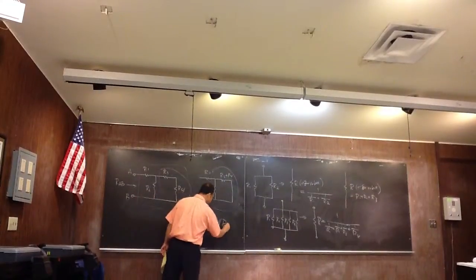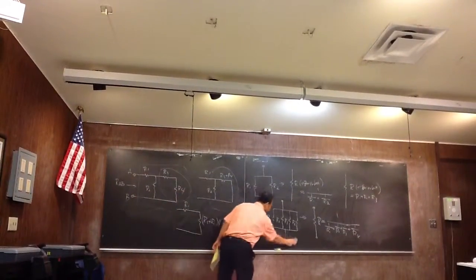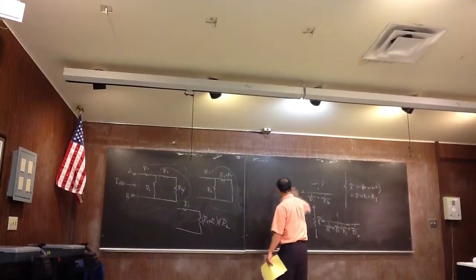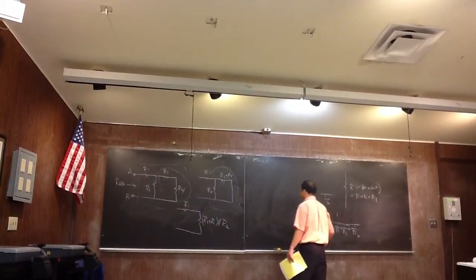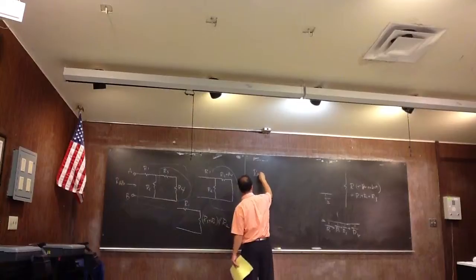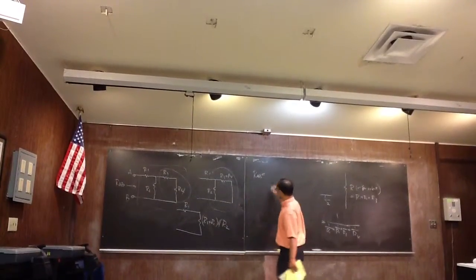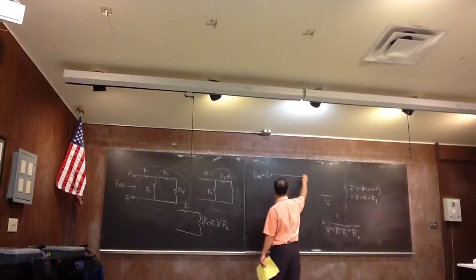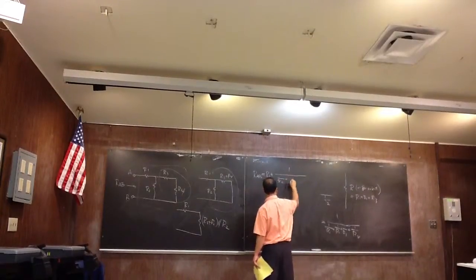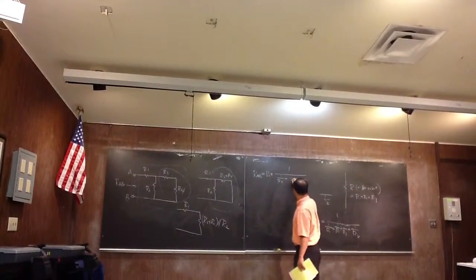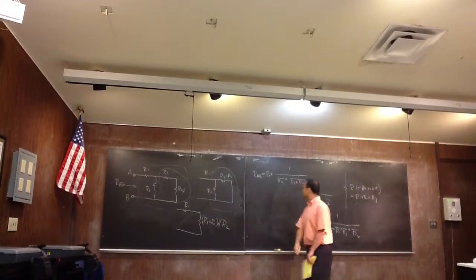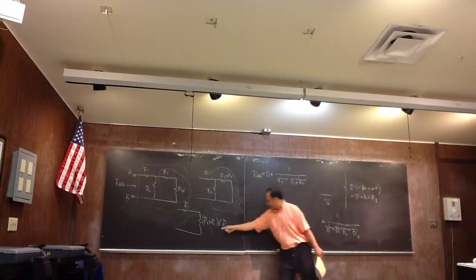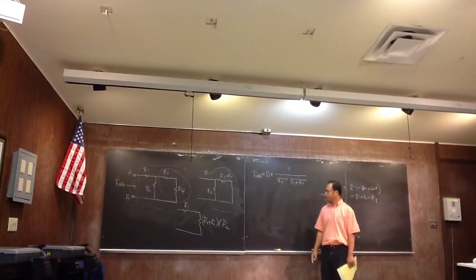So the final answer for the equivalent resistance R_AB is equal to R1 plus this in parallel, so it's 1 over, 1 over R2 plus 1 over R3 plus R4. Got it? Because that's the formula for these two in parallel.